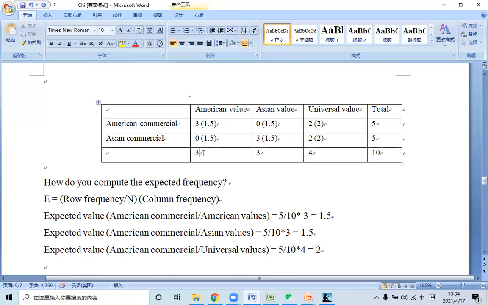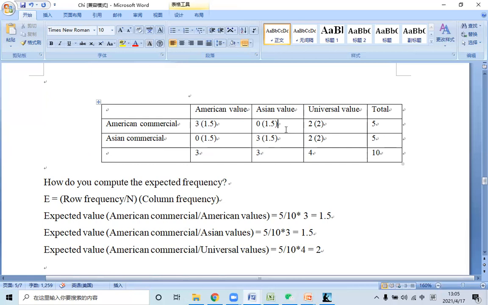This means that you would divide these 3 equally between the 2 categories: 1.5 for American commercials, 1.5 for Asian commercials. This is what you would expect. Asian commercials versus American commercials expressing American value would be equally likely to do that. This is the expected value for these 2 cells.